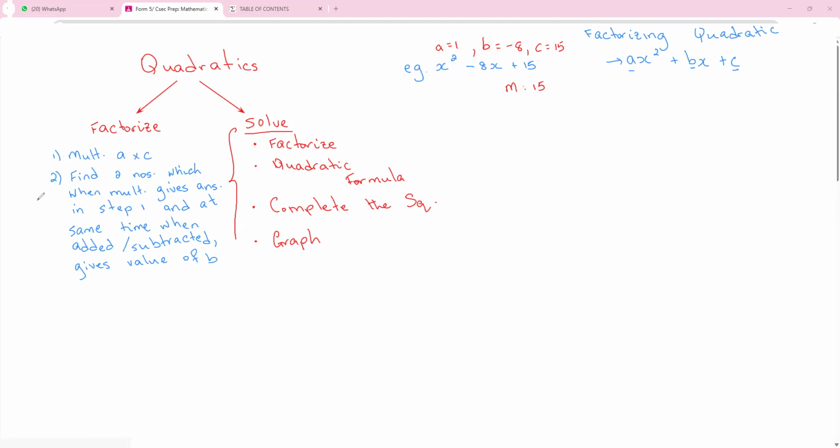So we're going to find two numbers, which when multiplied will give me 15, and when added or subtracted, but I'm just going to put A for added because remember, we could add a negative number, which will make it subtraction, to give us negative 8. Pausing here for a second.